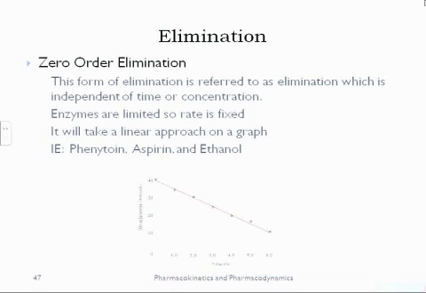There's nothing you can do to make it go faster. You drink coffee all you want, you can suck oxygen, I don't care. It won't work. You have only a fixed number of enzymes, so you can only break this ethanol down per unit time. So it takes a more linear approach on the graph. Other medications that we administer follow this too, like phenytoin and aspirin, but the classic that most everybody uses to describe this is ethanol.